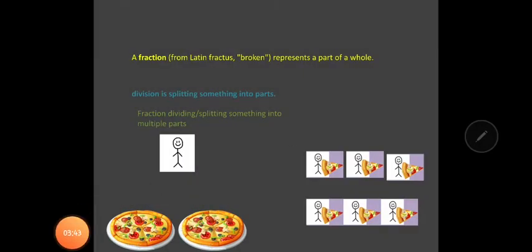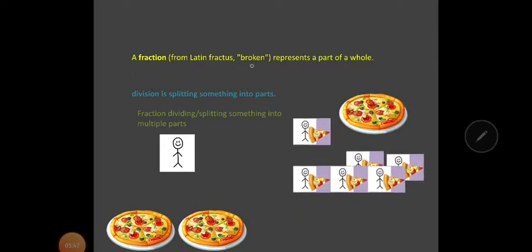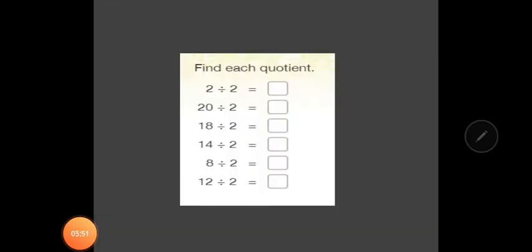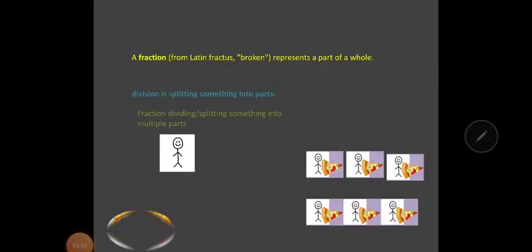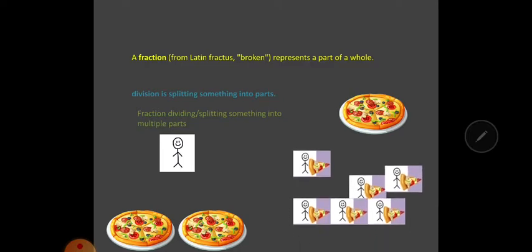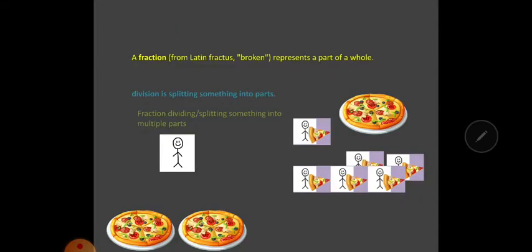Now, fraction comes from a Latin word called fractus. That means broken, to cut. So if you see here, I have two wholes and I want to share with one person.